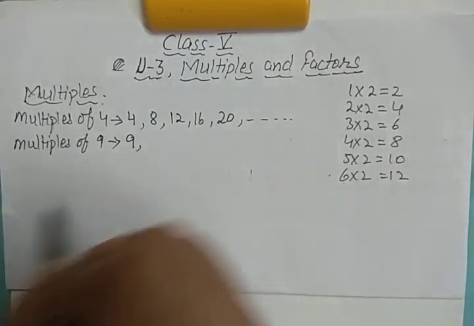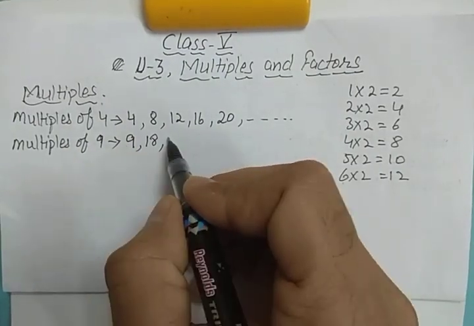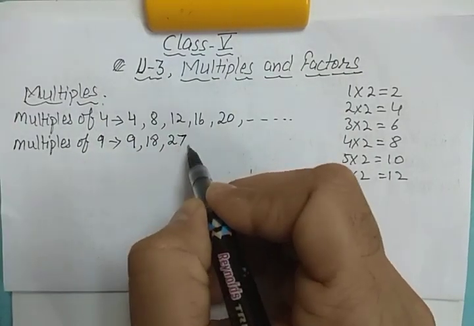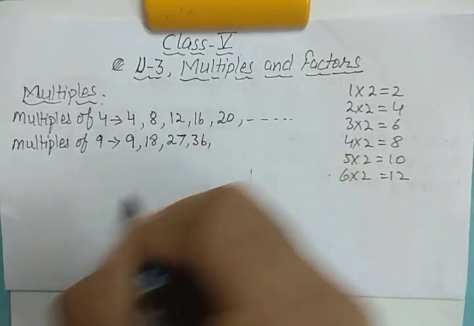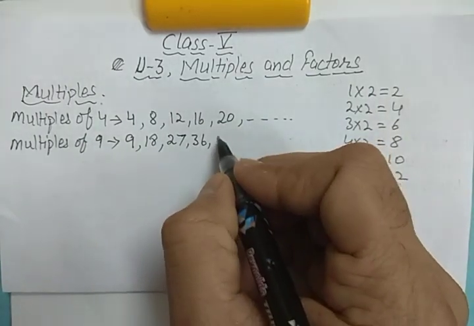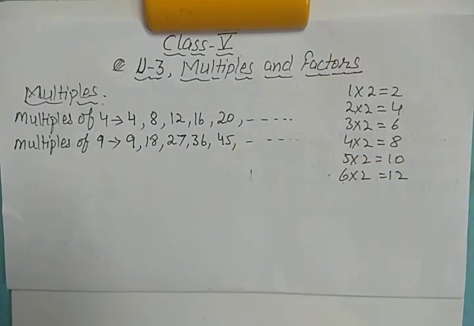Second multiple of 9 is 9 twos are 18. Third multiple of 9 is 27. Fourth multiple is 9 fours are 36. Fifth multiple is 9 fives are 45, and so on. In this way you can find the multiples of a given number.